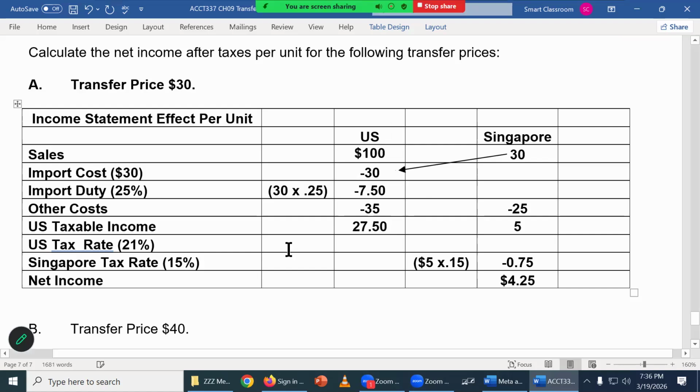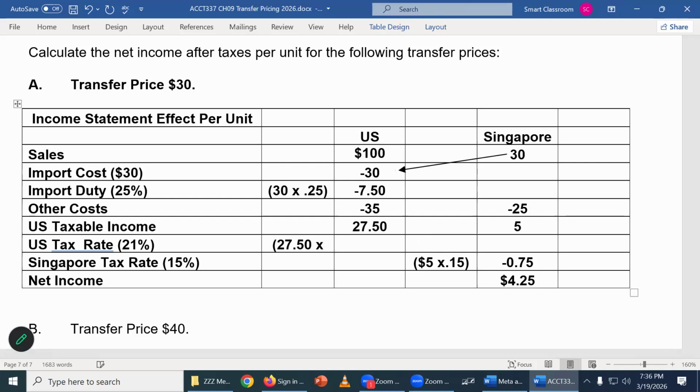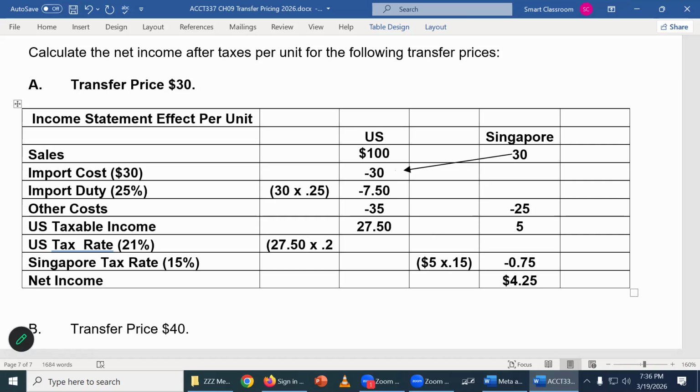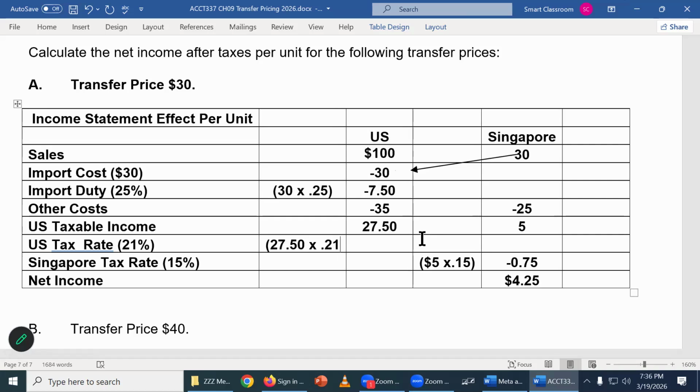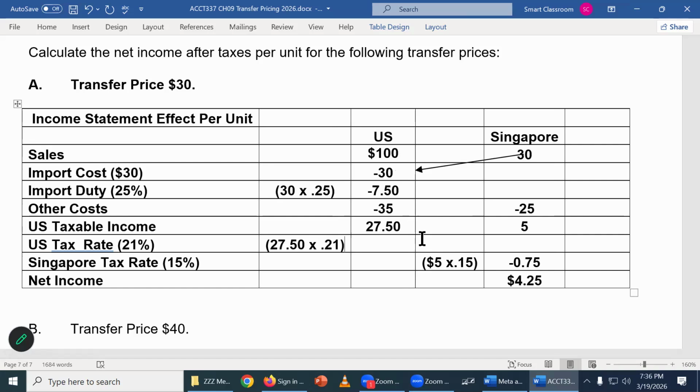Okay, and our tax rate is 21%. So do we round up or round down?